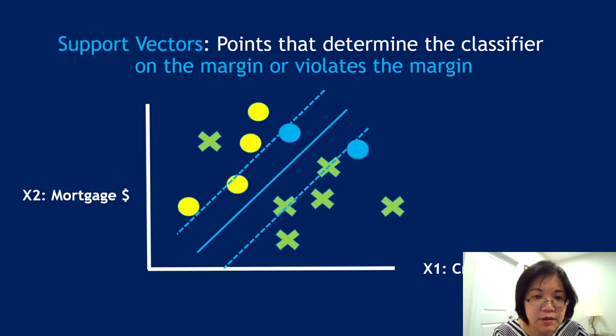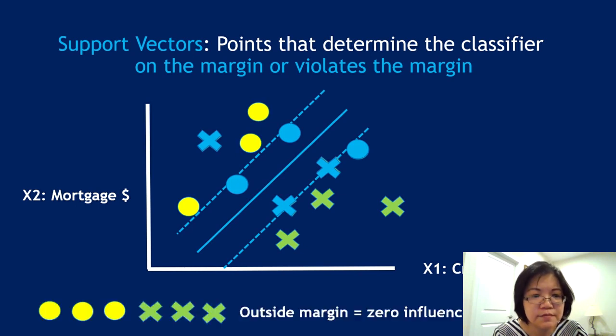This one, this one, this cross over here is on the margin. This one is also on the margin. This one is a violation. Well, it's not a violation. This one is a misclassification, so it's completely on the wrong side. When it's a misclassification, that's also a support vector. So in this particular case, we have a total of 6 support vectors that are used to calculate the margins.